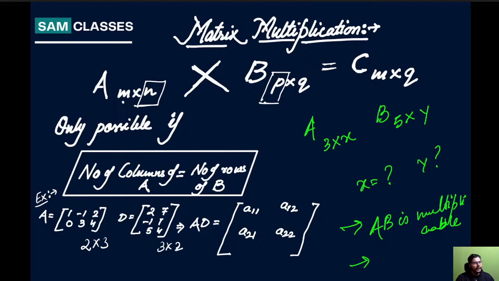AB can be multiplied. X is 5, one answer we are getting. What about others? Come on, fast.